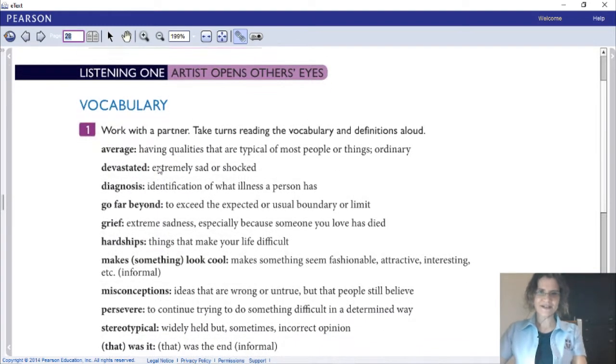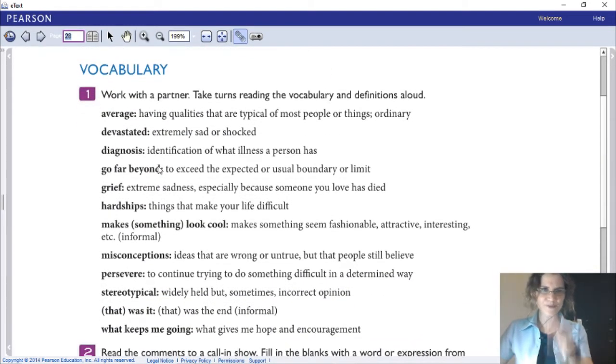Listening 1. Okay, let's take a look at the bold-faced words, which are the focus of vocabulary for this section in your book, Listening 1. The first one is average. They've got devastated. Here it already states the definitions exactly.